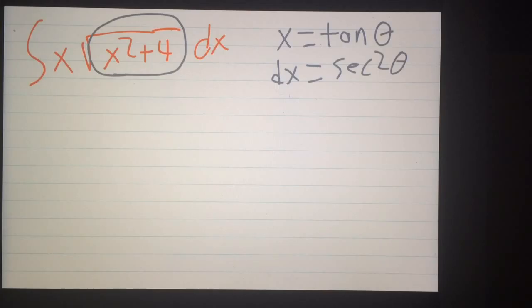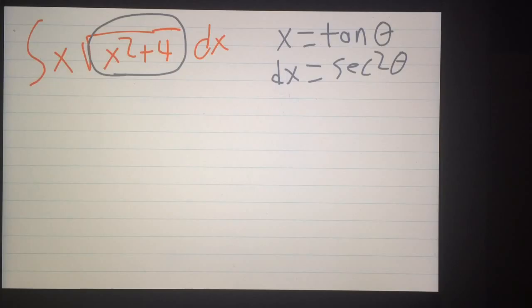But there's a problem. If we were to substitute in tan theta for this, we would get tan squared theta plus 4. But the form doesn't allow for plus 4. If we were to try to solve for secant there, it wouldn't work.